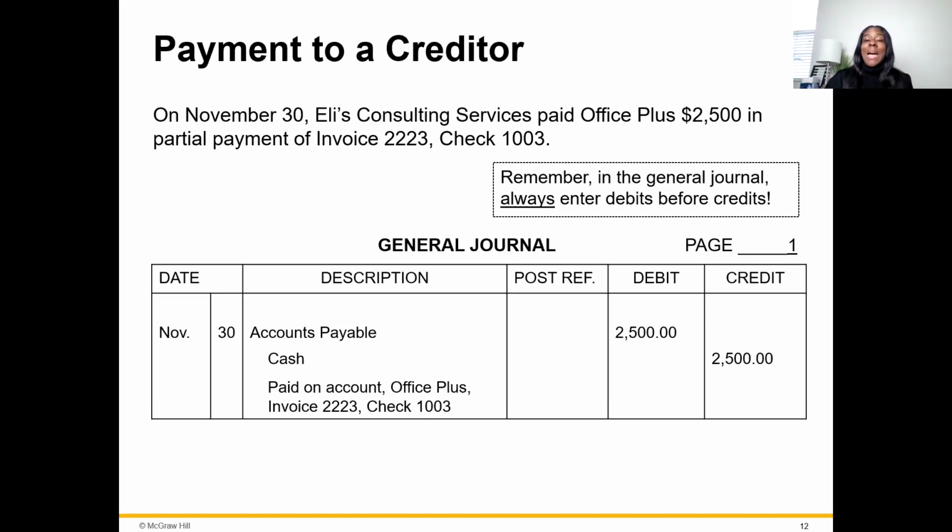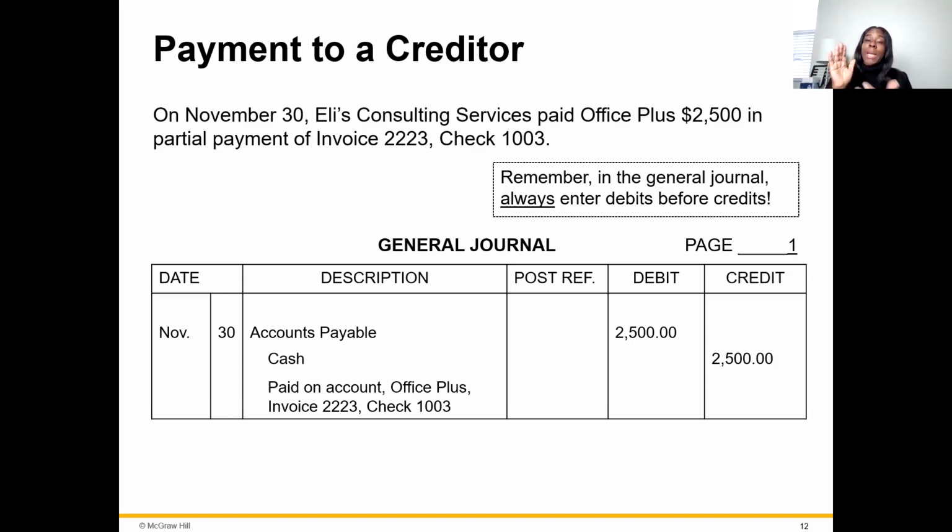And then accounts payable. We learned in the other journal that it was a liability. And when we first got the liability, it increased on the credit side. So if we pay some of that off, then it decreases. The rule for liabilities is they increase on the credit and they decrease on the debit.